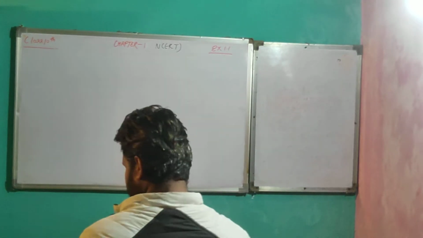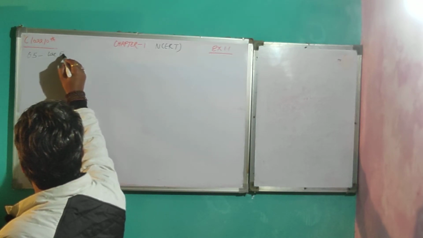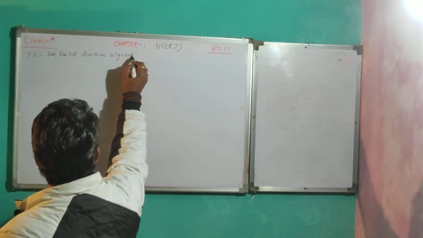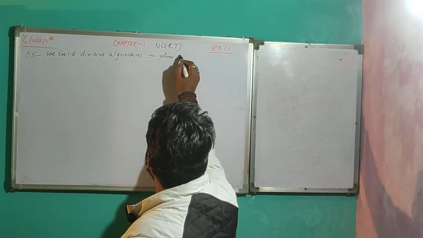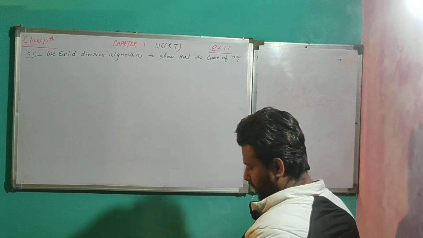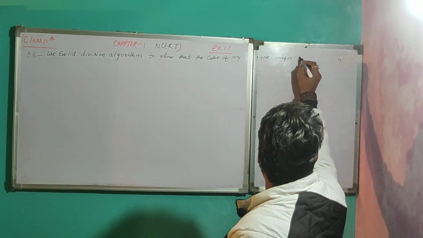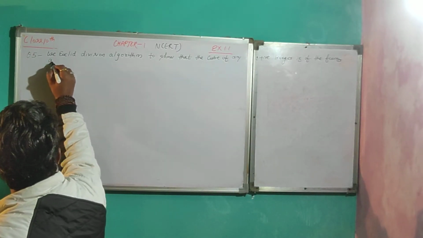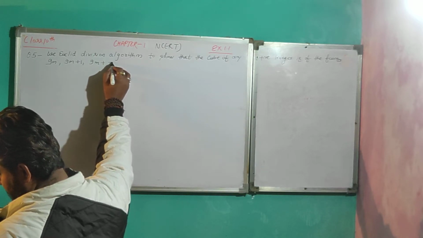Use division algorithm to show that the cube of any positive integer is of the form 9m, 9m plus 1, or 9m plus 8.